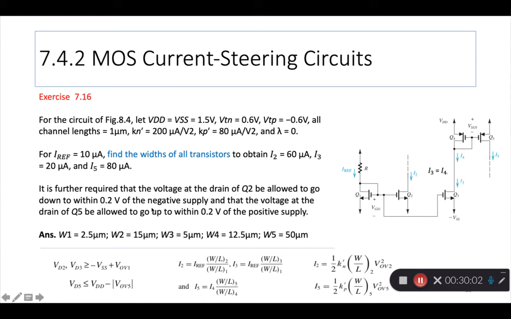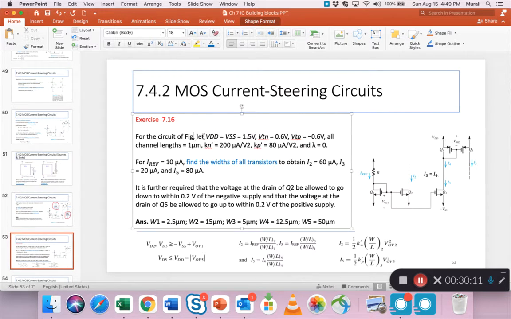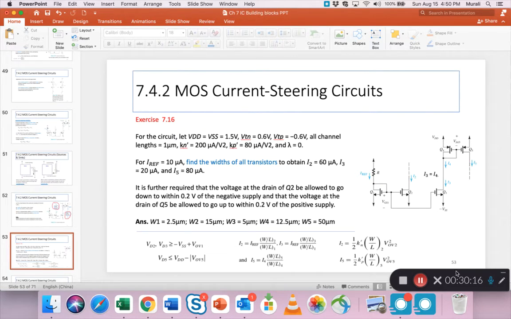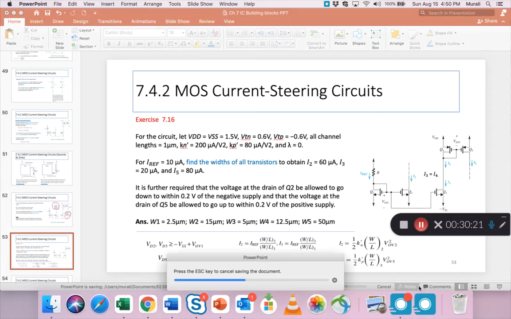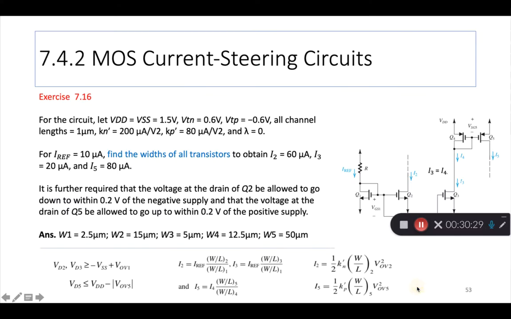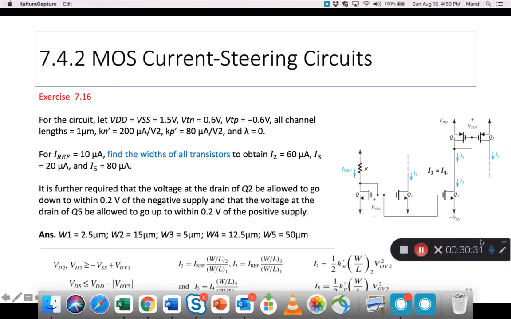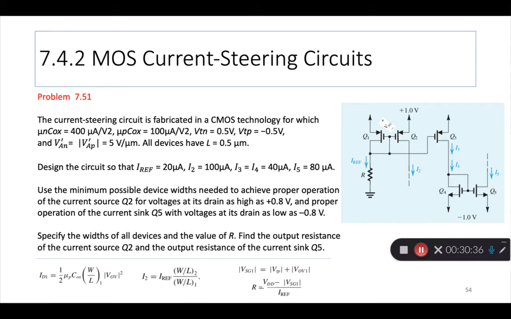So here is an actual exercise 7.16 from the textbook where we will go through and look at an actual numerical problem with a MOS current sinking circuit.